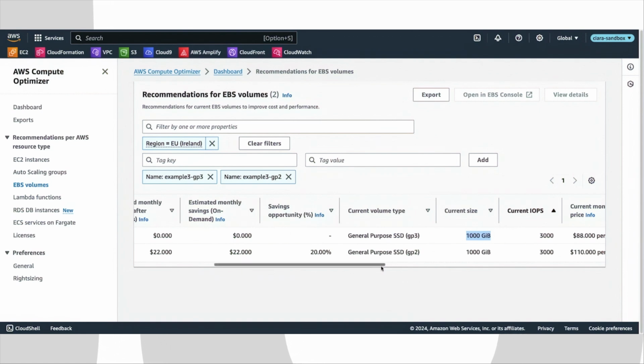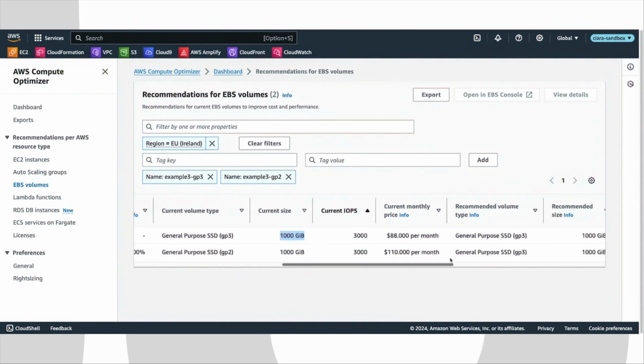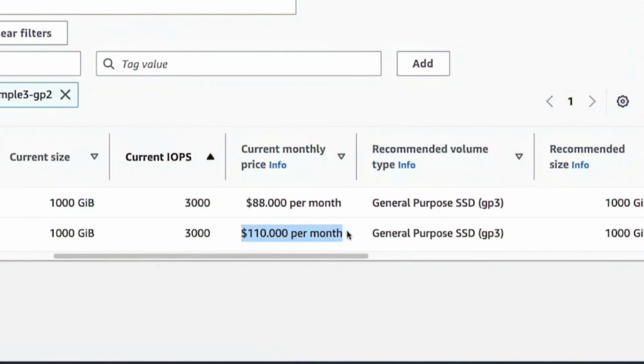So if we just look at these two volumes that are optimized, the GP2 volume actually costs you $110 per month to run, and you're getting that 3,000 IOPS. But the GP3 volume, the general purpose 3, also 1 terabyte in size, is actually cheaper to run at $88 per month.